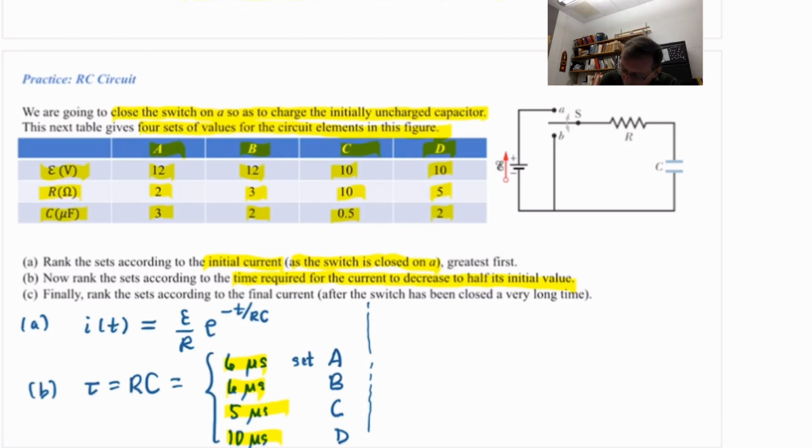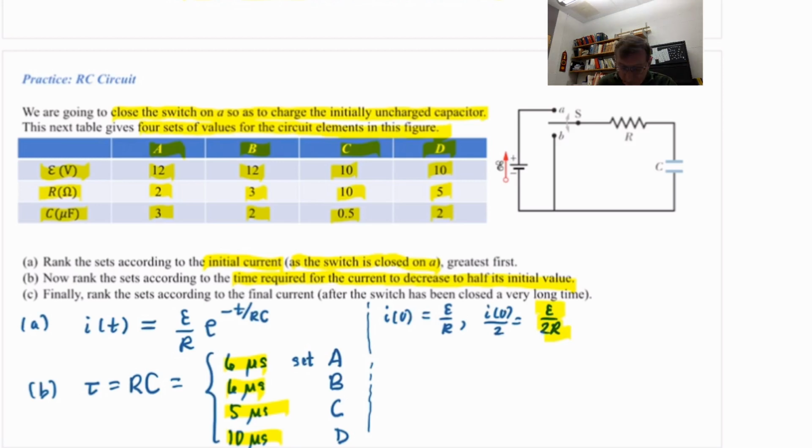We know what the initial current is, EMF over R. So, what's half of that? I initial over 2, E over 2R. The half-life is the time value when the current is that, E over 2R.